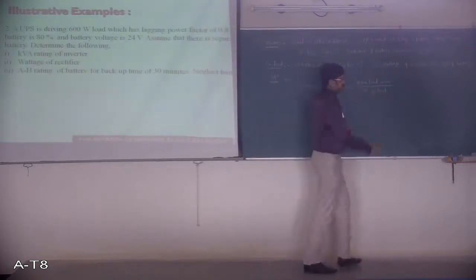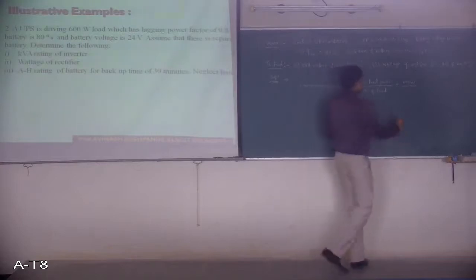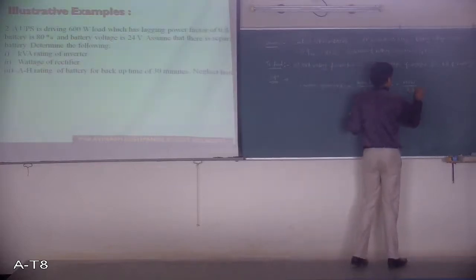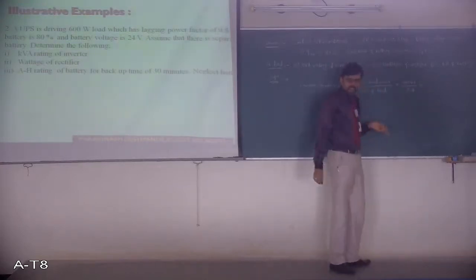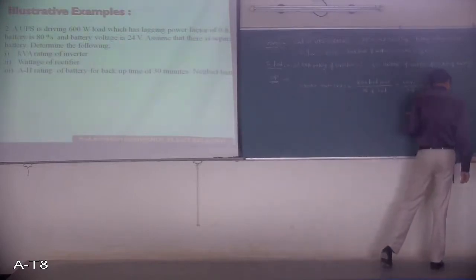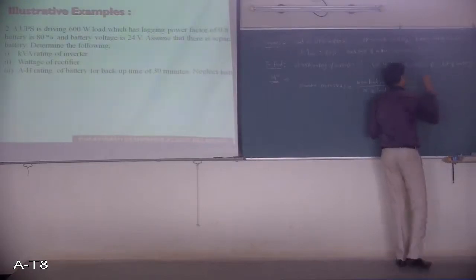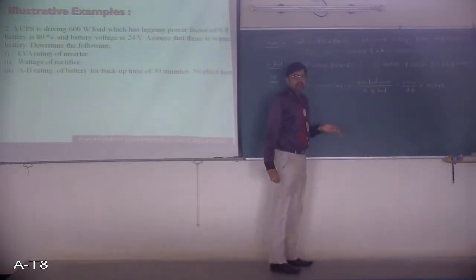What is active load power? Active load power is 600 watts divided by the power factor of the load, which is 0.8. In that case, what will be the inverter output? 600 divided by 0.8. It will be around 750 VA, volt ampere, 750 volt ampere.